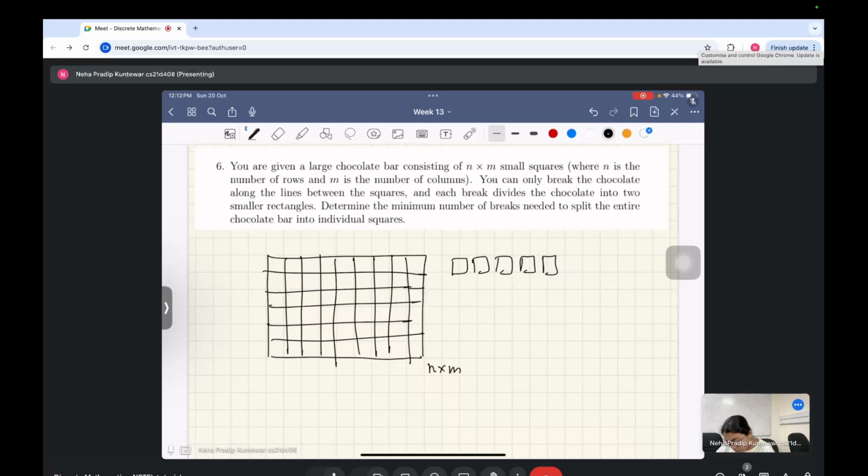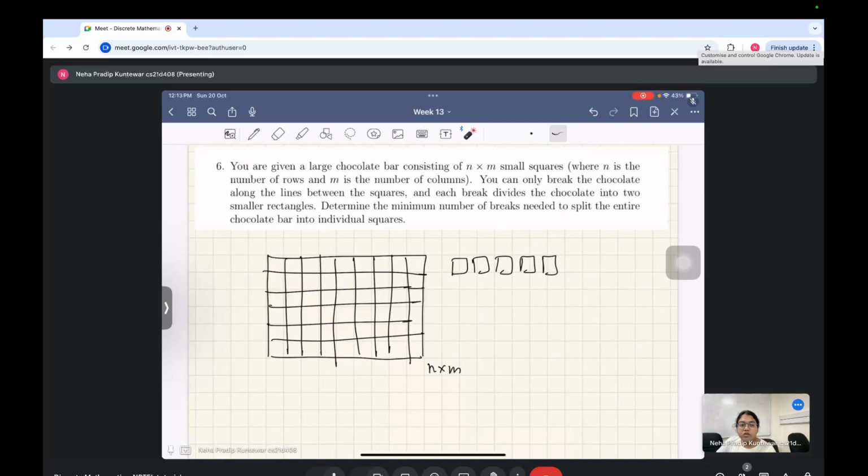Now the constraint that you have is that you can only break along the lines that are given. So you can break here, you can break here, and so on, but you cannot break like this. You are only going to break it along the lines and get your chocolate divided into smaller rectangles.